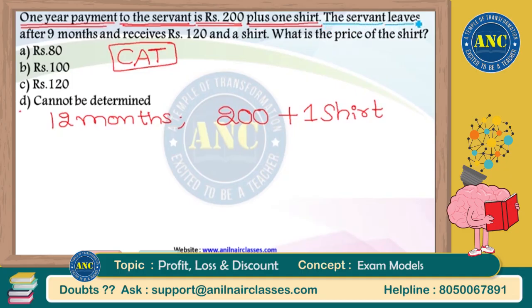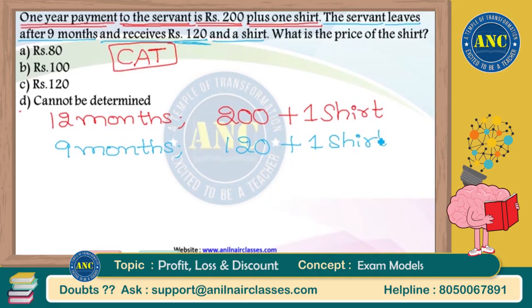The servant leaves after 9 months and receives 120 rupees and a shirt. I was supposed to work for 12 months, which is 1 year, but because of some personal issues, I worked only for 9 months, right? If I work for 9 months, how much did I receive? I received 120 rupees from my boss, and I also received a shirt.